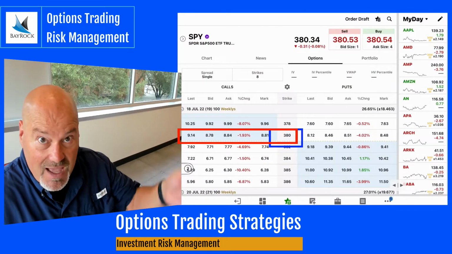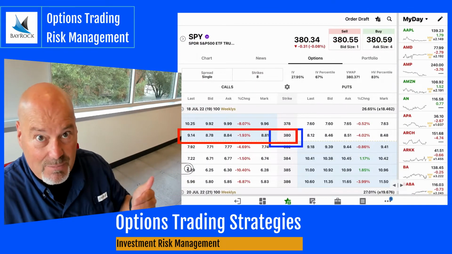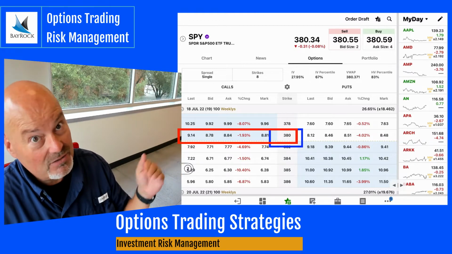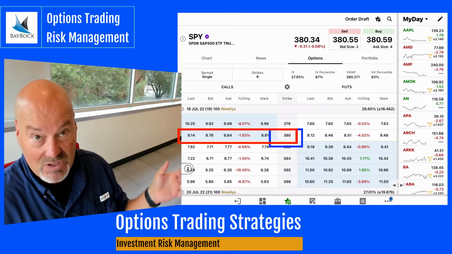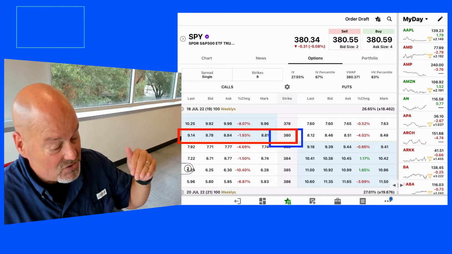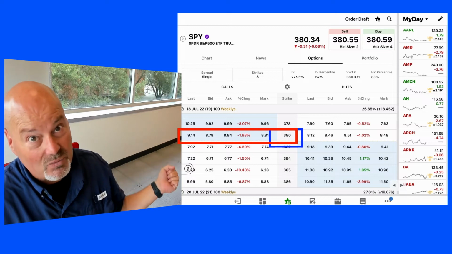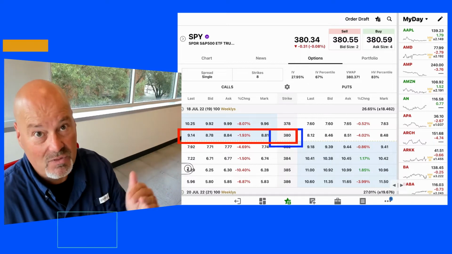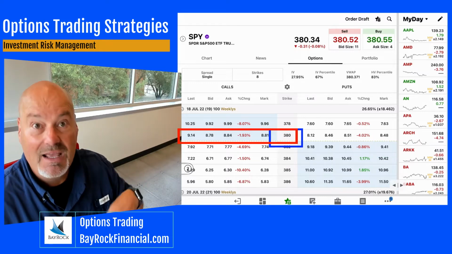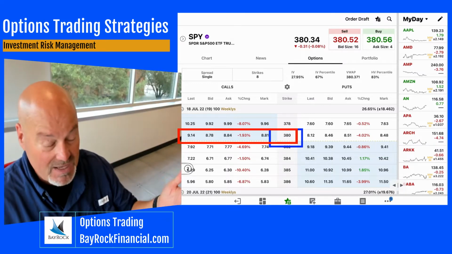You would get that credit, that income, that premium, as long as SPY closes at 380 or less. You would keep that, and then we would just do it again. If it's trading higher than that, you might get it called away, and then I would wait for a day when the market pulls back, go buy another 100 shares, and sell another call.